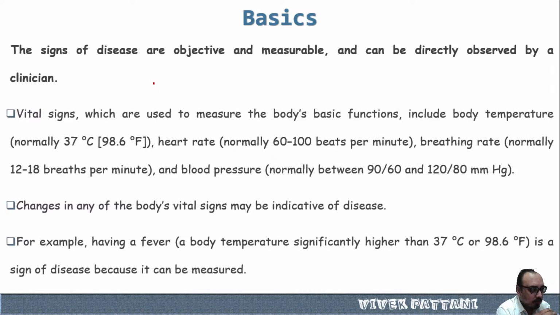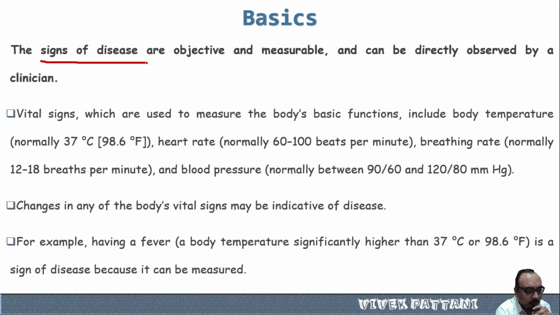Now, moving on to the signs of a disease. Signs of a disease are objective and measurable and can be directly observed by a clinician. Let's take an example of Gautam Mehta, and let's say he has some fever, and his health is not doing well.